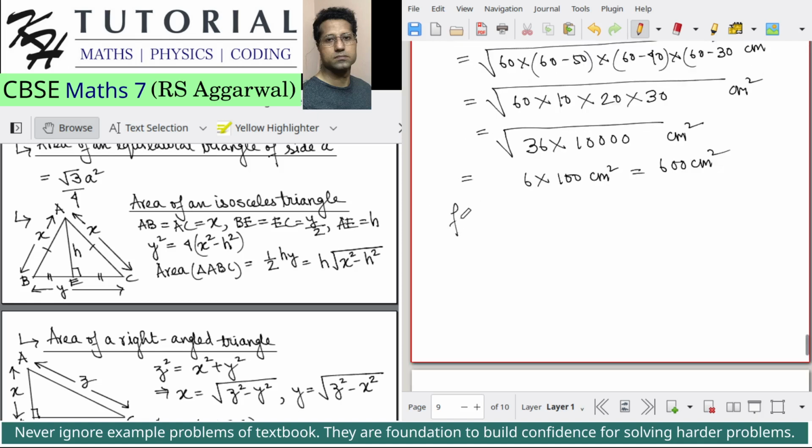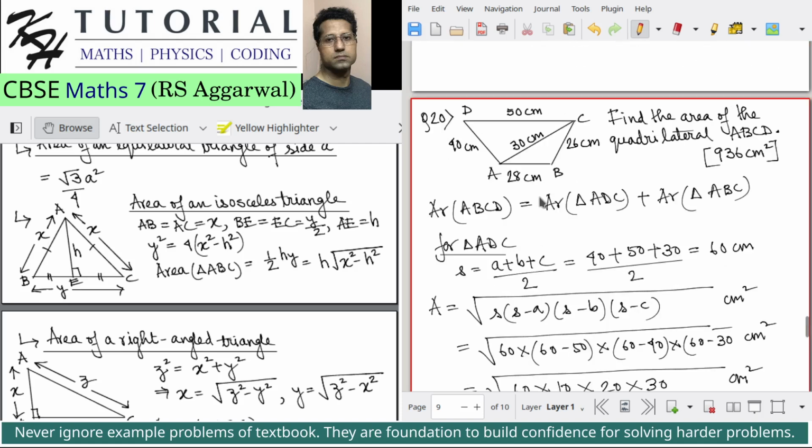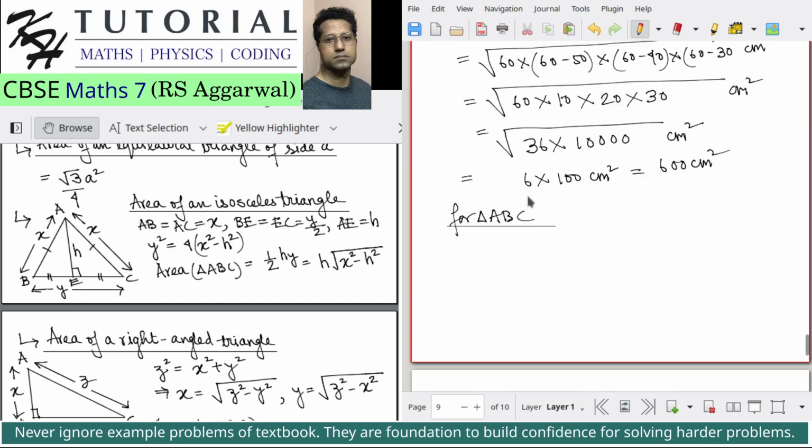So similarly, we have to find the area of triangle ABC. For triangle ABC, we have 30, 28 and 26. S is 30 plus 28 plus 26 divided by 2, which is equal to 15 plus 14 is 29, 29 plus 13 is 42. 42 centimeter is the semi-perimeter.